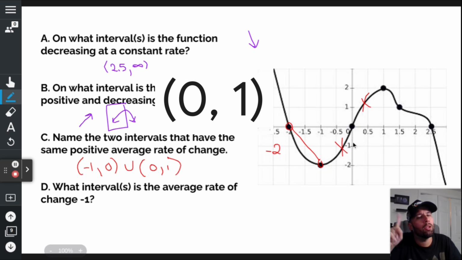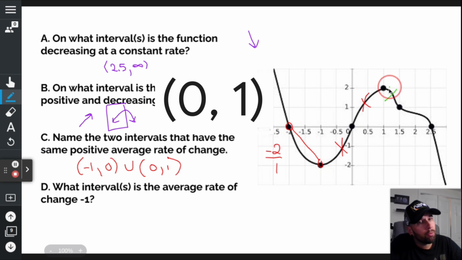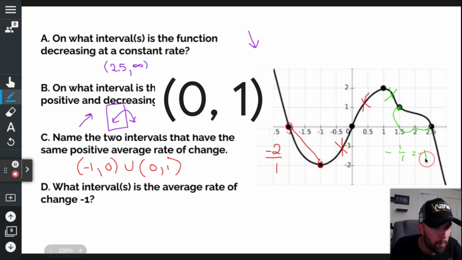But each unit on the x-axis goes by 1/2. So this is actually down 2, right 1/2, 1. Tricky, tricky, tricky. So if the slope looks like 1, it ain't. So that gets rid of that one and leaves the other. Down 1 over 1, 2 units, which means down 1 over 1, -1 over 1 is -1. And that happens between 1.5 and 2.5. Tricky. Oh, so tricky.